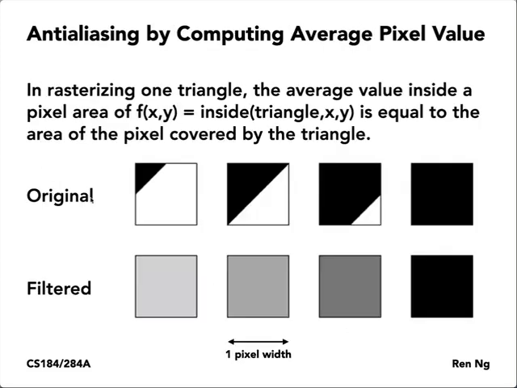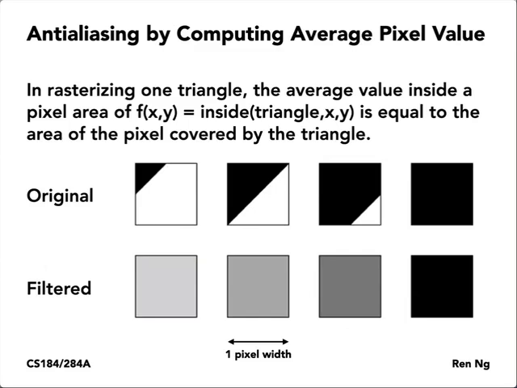If we have this being 1 pixel shown here, in rasterizing the triangle, the average value inside the pixel area of f of xy would look like this. If the triangle was white and it happened to cut across this pixel right through the middle, then part of it would be black outside the triangle, white inside the triangle. Maybe this is another pixel where it cuts halfway through, and so on.